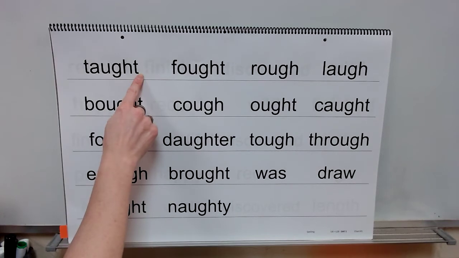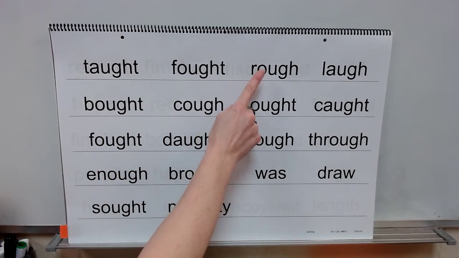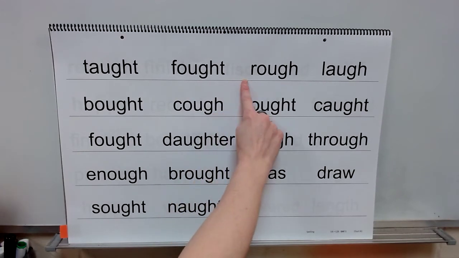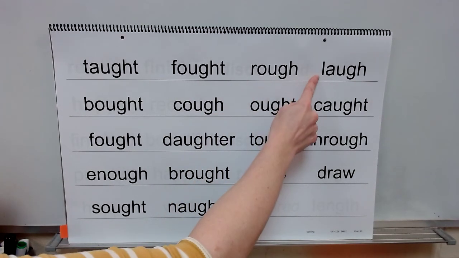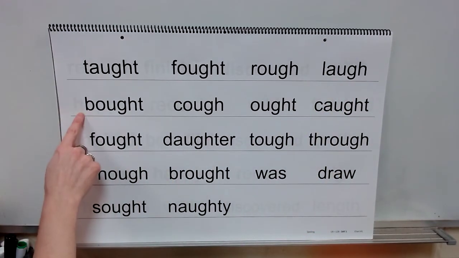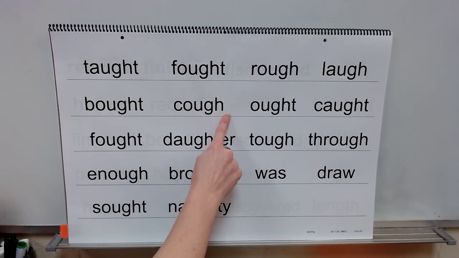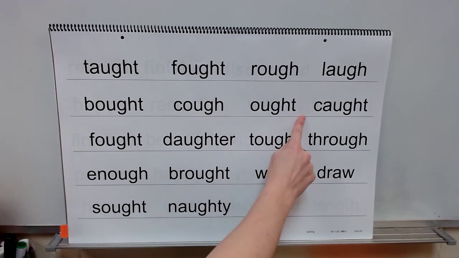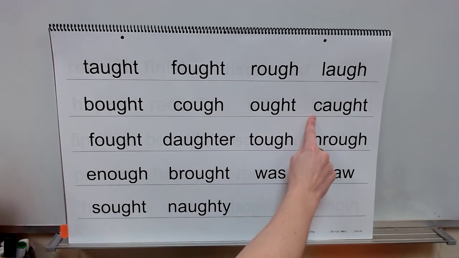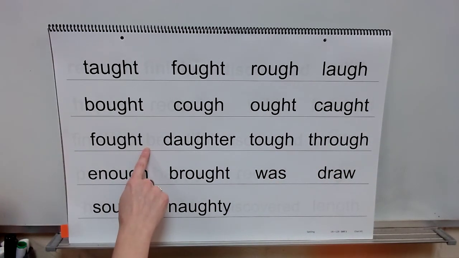Word, taught. Word, fought. Here's a different one. Word, rough. This one is also different. Word, laugh. Word, bought. Word, cough. Word, ought. Word, caught. Word, fought.